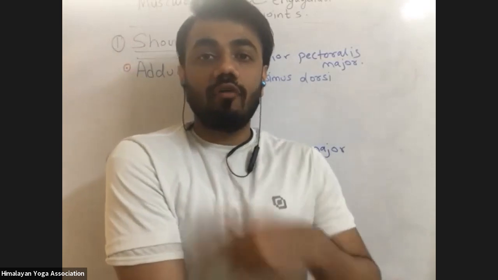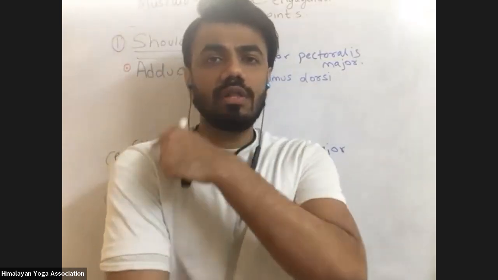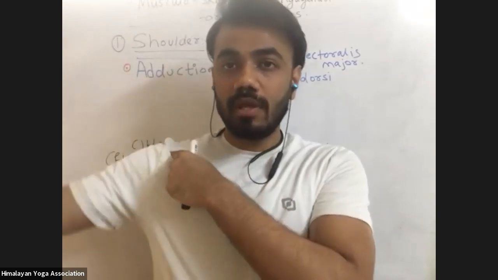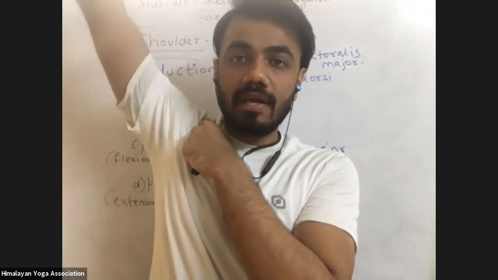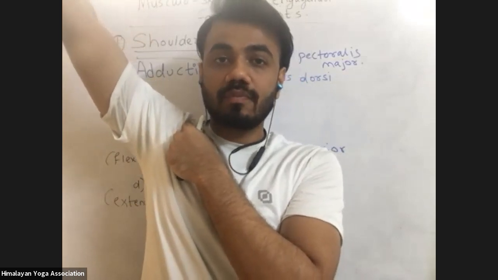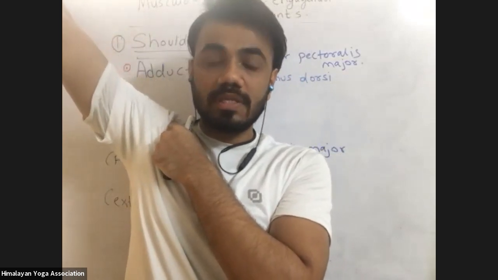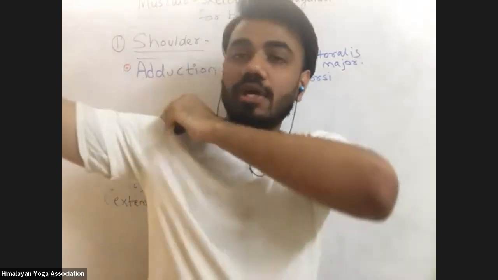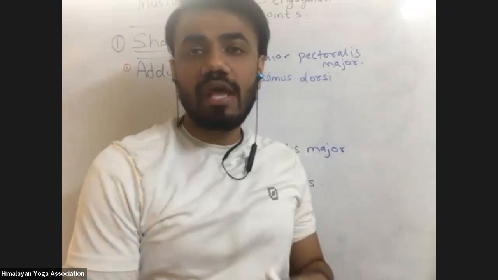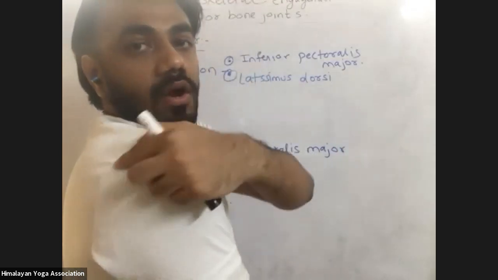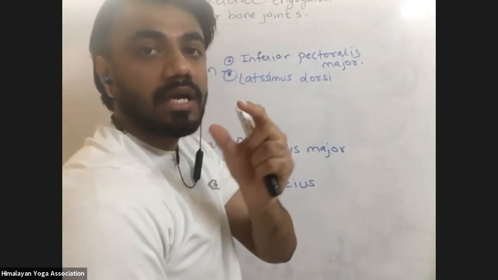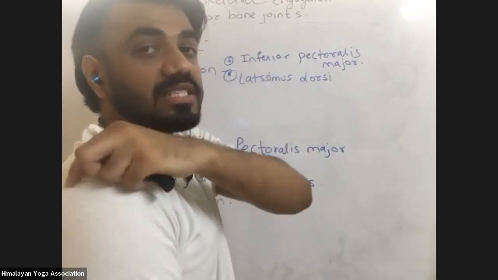Now abduction of the shoulder joint, only the arm will move from the shoulder joint. So from here, the arm is moving completely up. This movement is known as abduction. So which muscle will be getting engaged? The medial deltoid. So we have this deltoid on our shoulder. The deltoid is a muscle in a triangular shape.